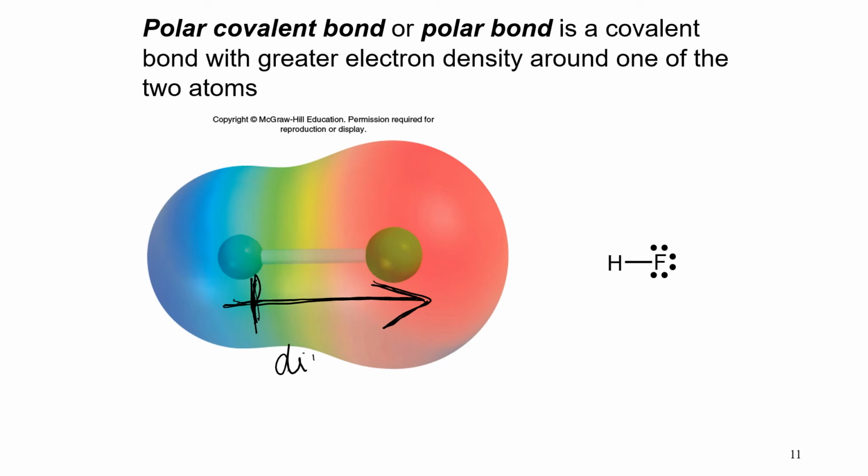So this is describing a dipole in which the more negative end is at the end of the arrow and the partially positive end is at this end of the arrow. So in a polar covalent molecule, first of all, we must have a polar bond and some kind of asymmetry with respect to the dipole. And this one satisfies both of those. And we'll talk more about that in chapter 10.